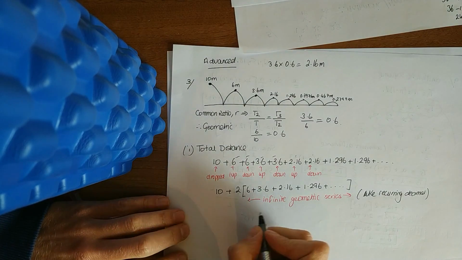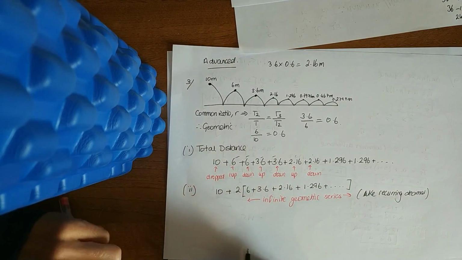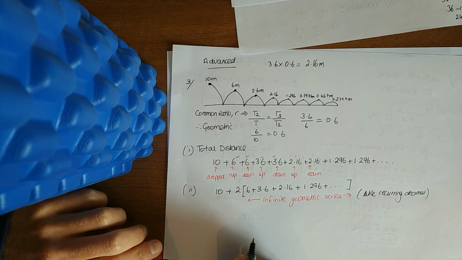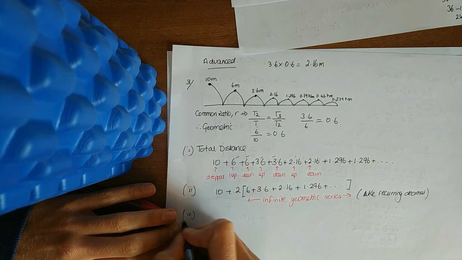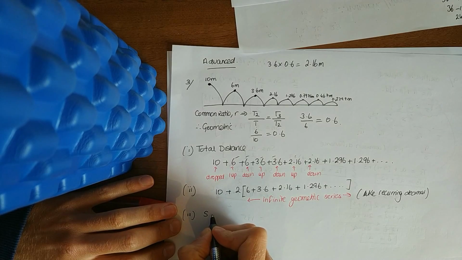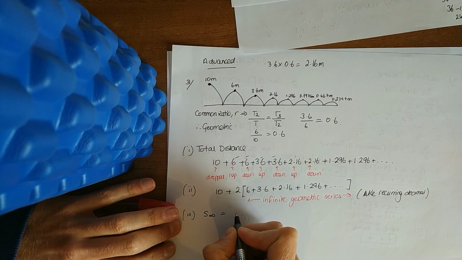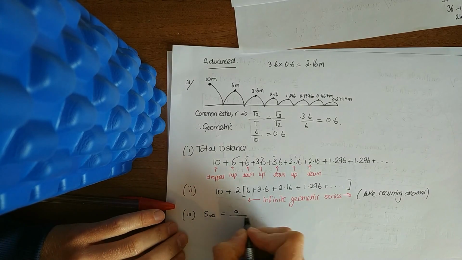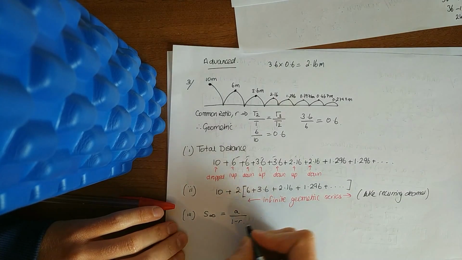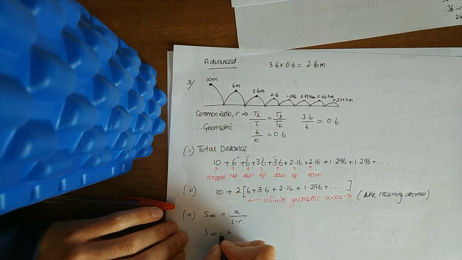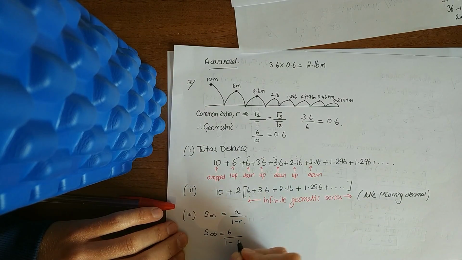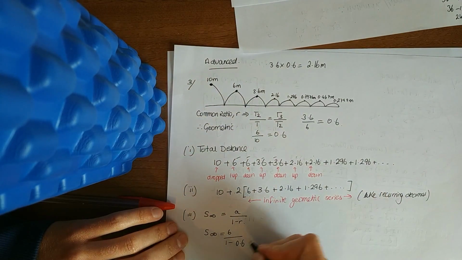Describe what type of series is generated. There we go. Part 2, infinite geometric series, and find the total distance travelled by the ball. So we'll work with our infinite geometric series first of all. And that always gets my head right if I write the formula, which is a over 1 minus r. A is your first term of that infinite geometric series, which is 6. 1 minus the common ratio, which is up there, 0.6.